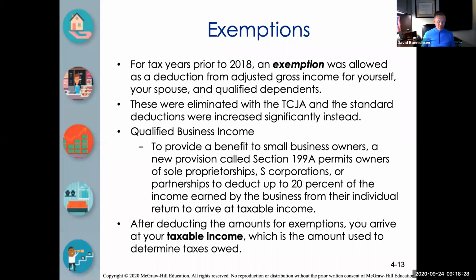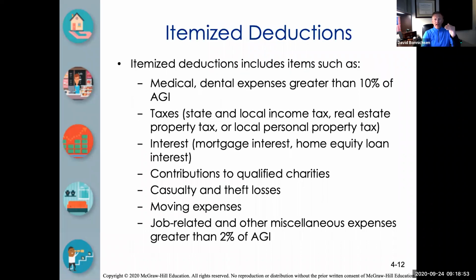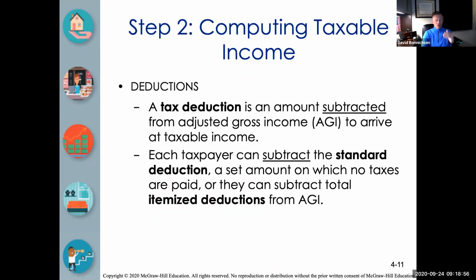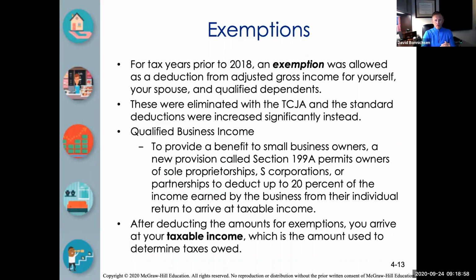But when the Tax Cuts and Jobs Act was put in place, all of that was done away with, and the standard deduction was increased significantly in order to compensate for those former exemptions on the tax form. So after we've taken our AGI and we have looked at our standard deduction, so AGI minus standard deduction, now we get to our taxable income.